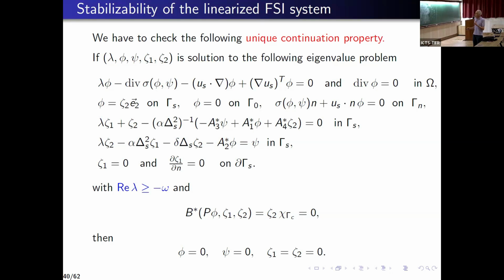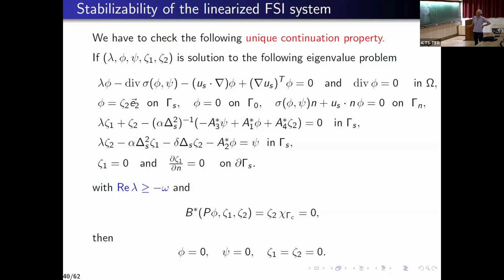Okay, now I have to prove some stabilizability condition. The stabilizability condition can be expressed in terms of a unique continuation property for the eigenfunctions of the adjoint system.